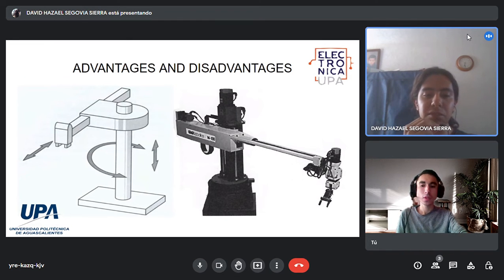They also require less floor space, and they are able to carry heavy payloads. The disadvantage of the cylindrical robots is that they cannot reach around obstacles. They also have low precision in rotary motion, and they don't have new designs.